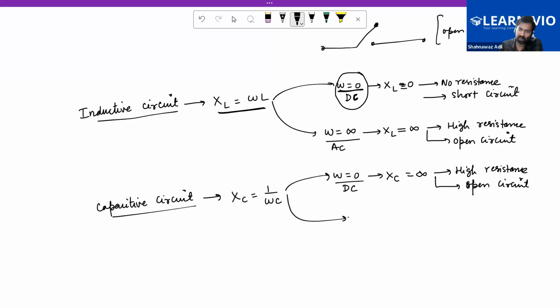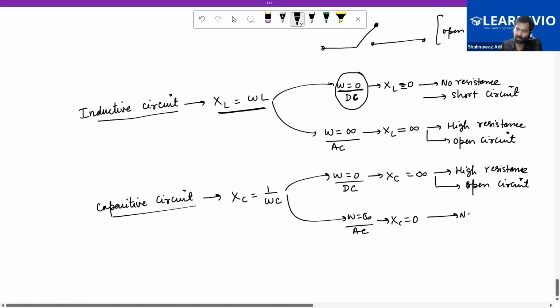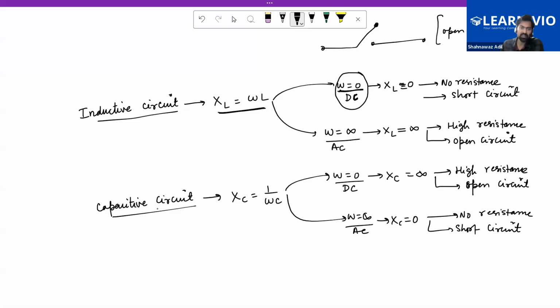And if you have omega, which is very large, that is AC, then XC is 0. So you have no resistance, which means that you have short circuit. So capacitive circuit provides infinite resistance to DC supply, and it provides no resistance to AC supply.